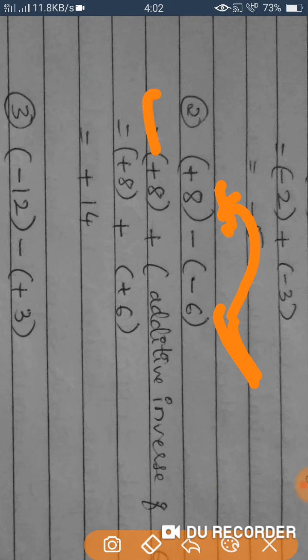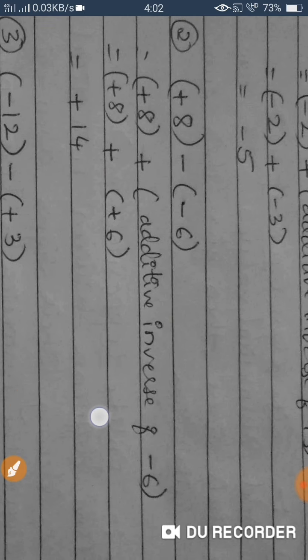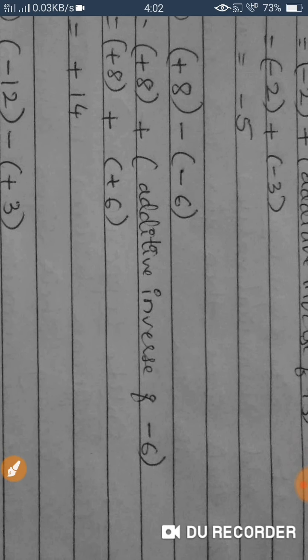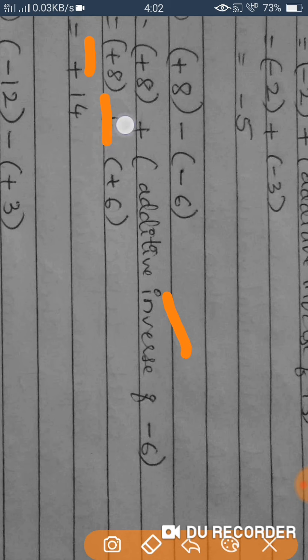We keep plus 8 as it is, and we add the additive inverse of the second. The additive inverse of minus 6 is plus 6.